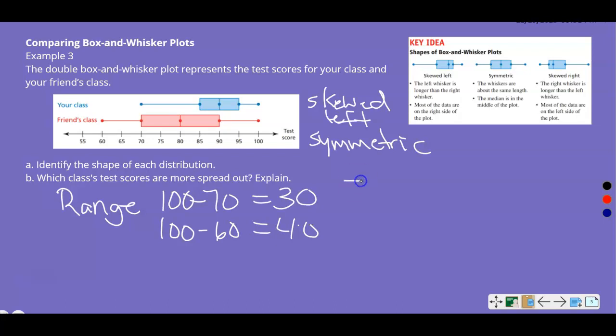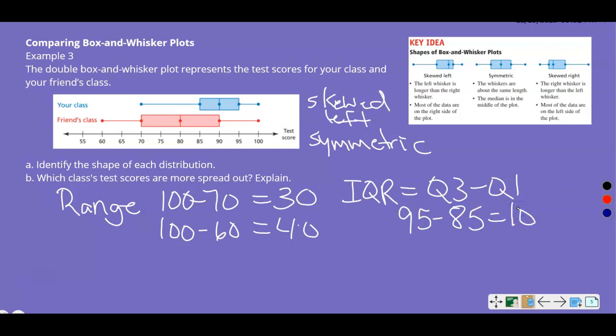So let's check the interquartile range as well. Remember, that's Q3 minus Q1. Let's look at both classes again, starting with your class, that's on top. The interquartile range is 95 minus 85, so the interquartile range for your class is 10.